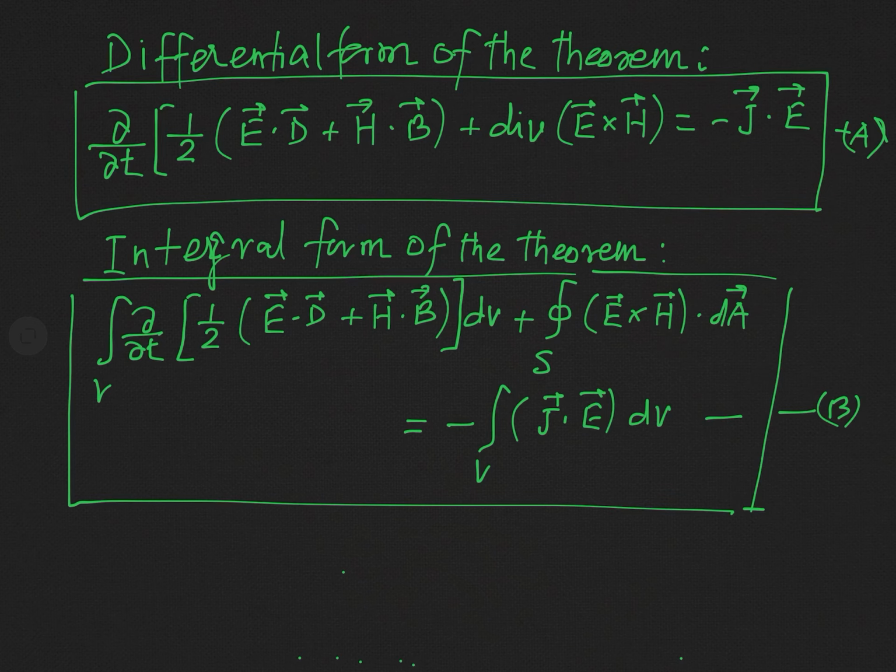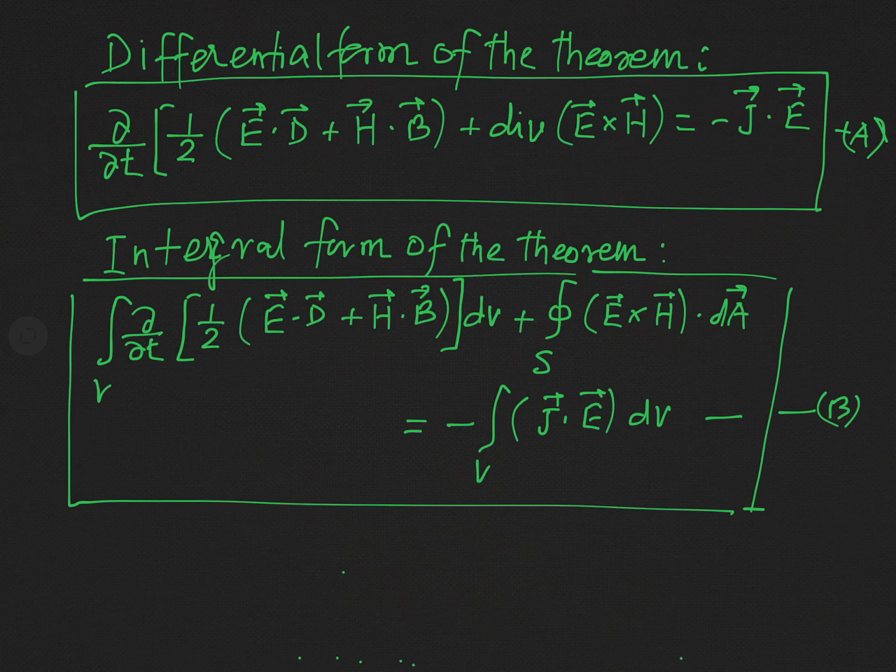In fact, Poynting theorem is stated either in differential form or in integral form. Although the meaning of both of these forms will be the same, both will in fact represent the energy conservation in electromagnetic field. Only the mathematical form appears different, but the inner meaning of these two mathematical forms of this theorem is the same.